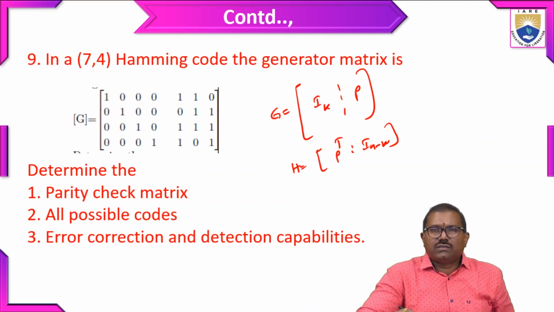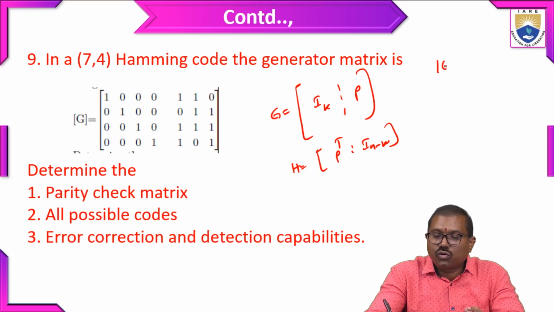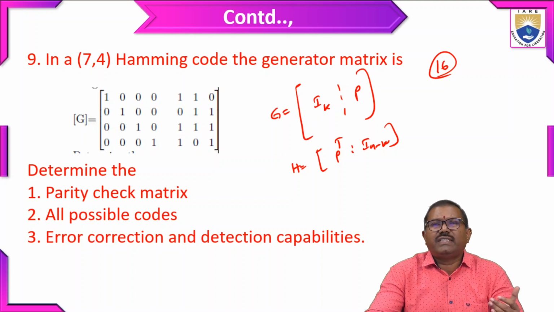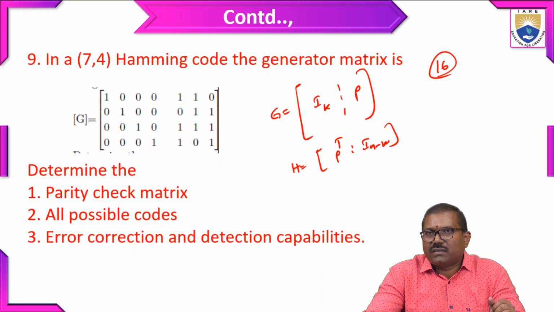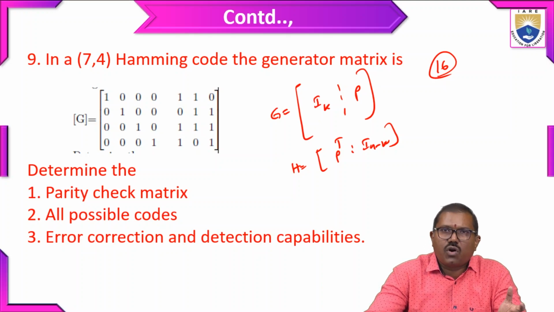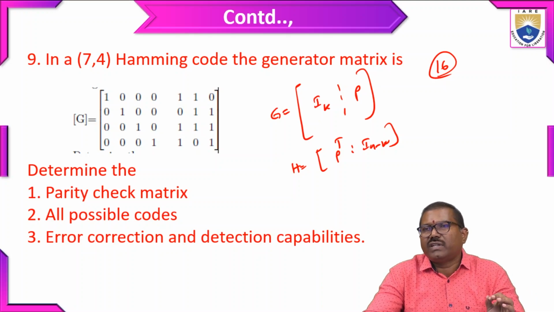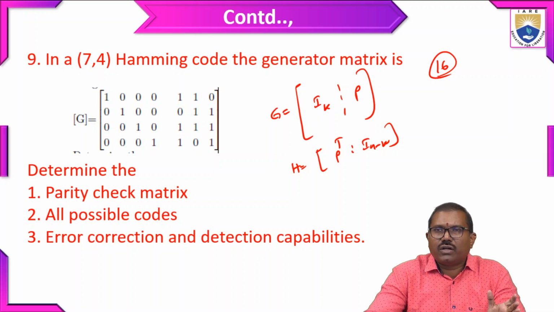For all possible codes, here also you get 16 code vectors from 16 message vectors. Why? Because 2^k, 2^4 is 16. So 16 message vectors generate 16 code vectors. Already shown error detection and error correction capabilities. Minimum distance d_min is required. After generation of any code, you get the minimum distance: how many non-zero elements, that is the weight of that code. From that, you can use that.